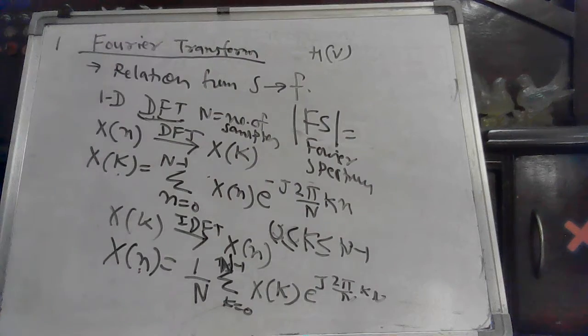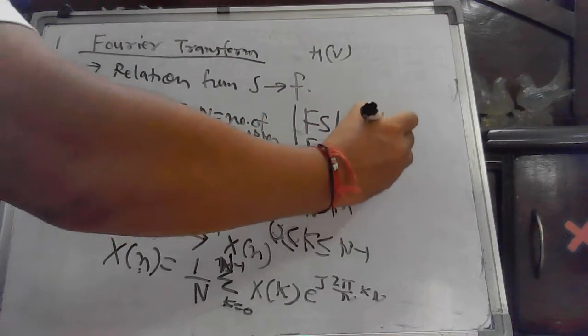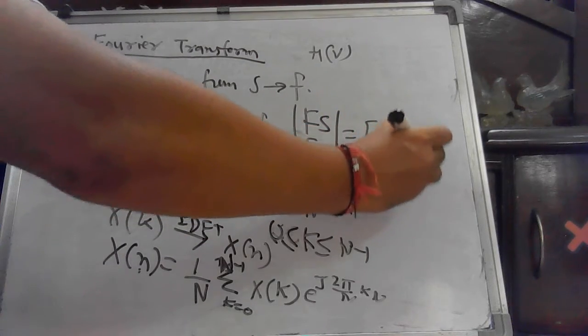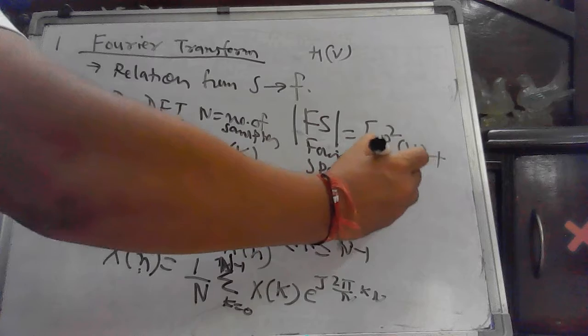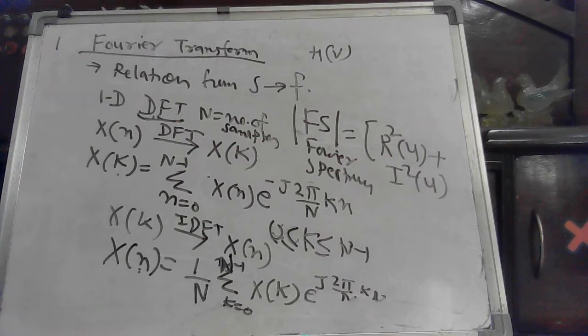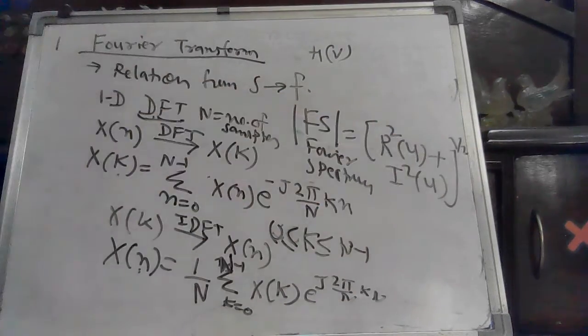The Fourier spectrum is represented by two factors, the real part of u, if my one dimensional signal is represented by u, and the imaginary part of u. Your signal will have both a real part as well as an imaginary part, and the square root to the power 1 by 2.